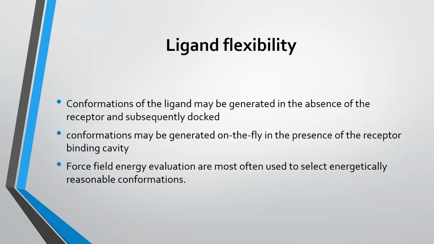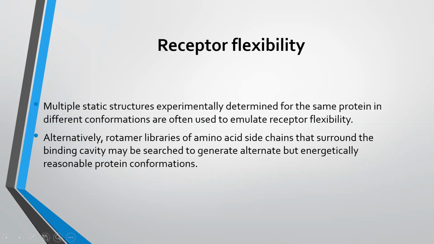You all know, to identify the most stable system, it is the usual practice to calculate the free energy of the system. The system that has the least free energy will be the most stable system. So force field energy calculations are done in order to select the energetically reasonable conformations.